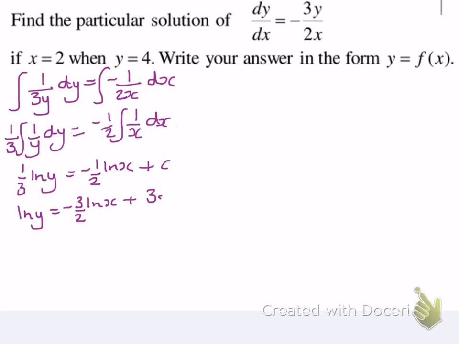And it's at this point I'm going to take our constant and say, let ln a equal 3c.